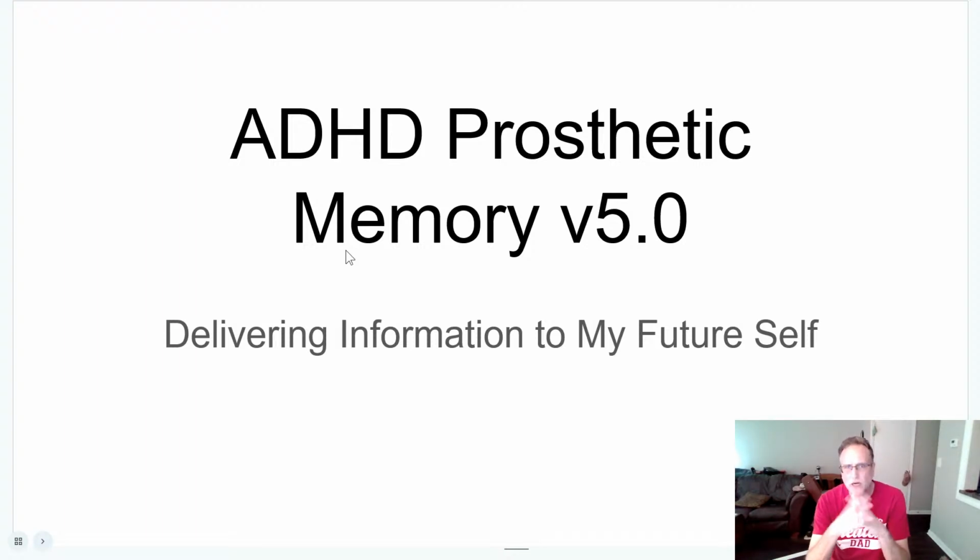So I'm calling this the ADHD prosthetic memory version 5, and it represents a dramatic departure from version 4 and previous versions. Not that important right now, but the main focus of this is to deliver information to my future self, or you could even look at it as receiving information from my previous self.